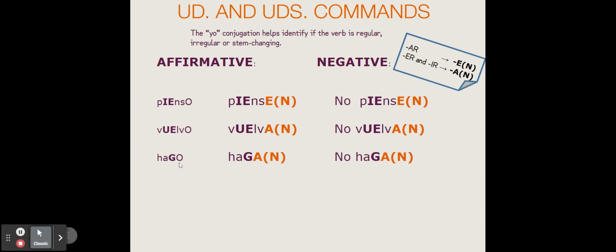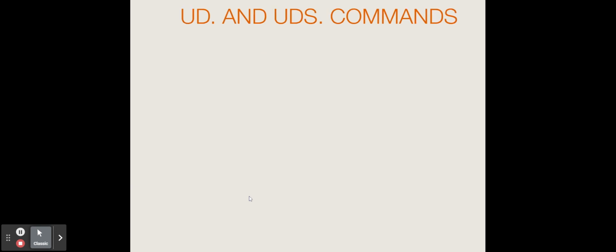Hago, yo conjugation, reminds us that it has a G. It's one of the yo-go forms. Drop the O and add the command forms. Haga, hagan, no haga, no hagan. Another example, oigo, another one that has the G. So drop the O and add the command forms. Oiga, oigan, no oiga, no oigan. Okay?